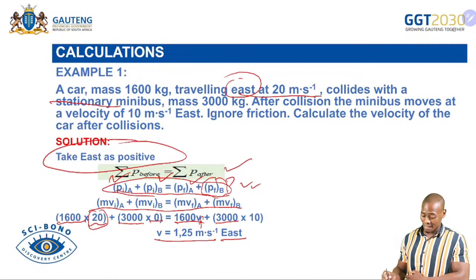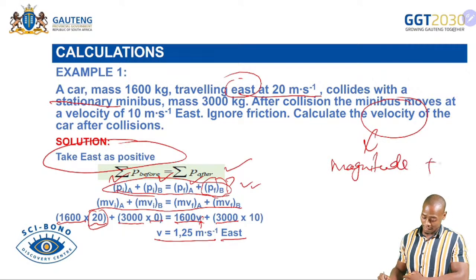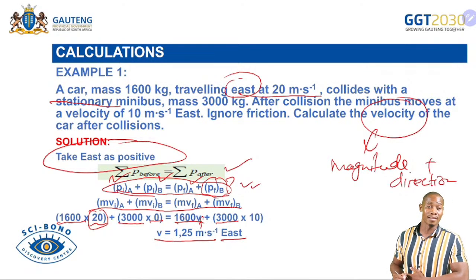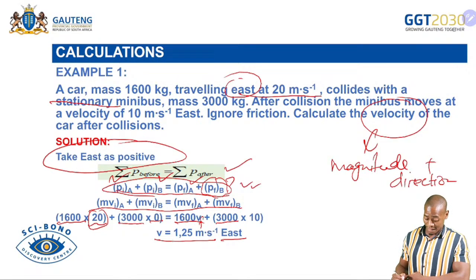So the question says calculate the velocity. Remember, learners, velocity is a vector. So we're expecting both the magnitude and the direction. Unless the question was saying calculate the magnitude of the velocity of the car after the collision, then we would only include the magnitude in our final answer, which would be 1.25 meters per second.